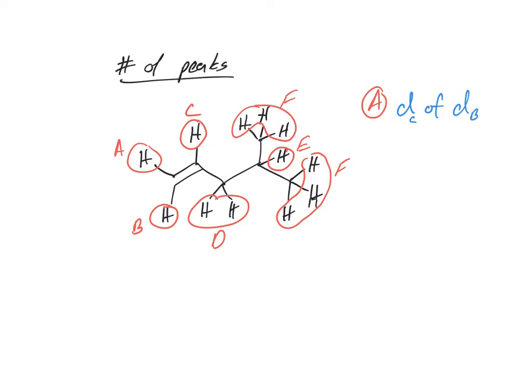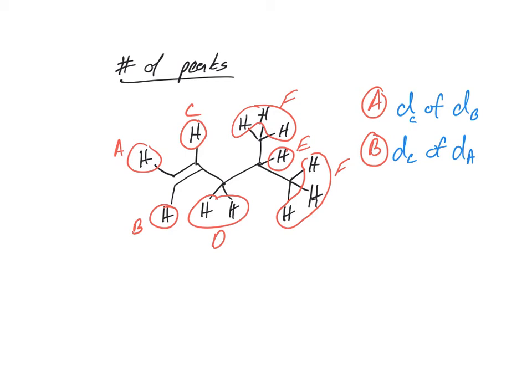That's the doublet. The C and B are both talking to A. But now let's go to B. Who's B going to hear? B is going to hear C, so it's going to be a doublet. And it's also going to hear A, so it's going to be a doublet. A doublet of doublets. Can you explain?